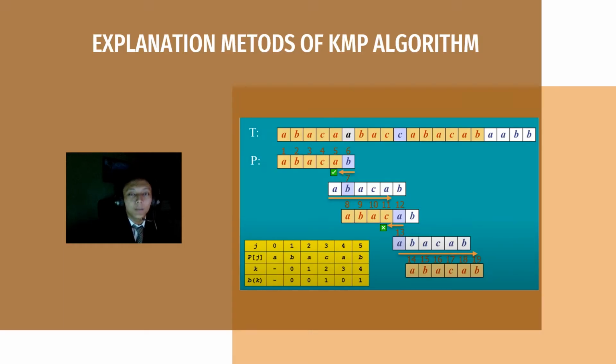Next is the explanation of the methods of the KMP algorithm. So here there is a text and a pattern. The check will start from left to right, then on the sixth examination a mismatch is found. Therefore, a shift will be made with a function which determines the new g value, which is 1, where the string search will start from the value g equals 1.